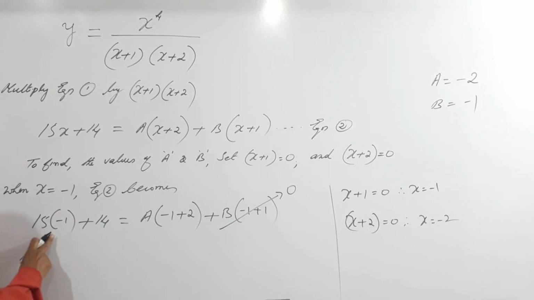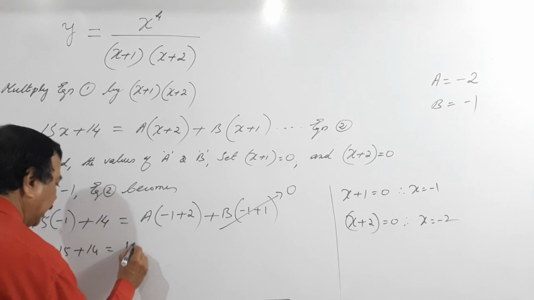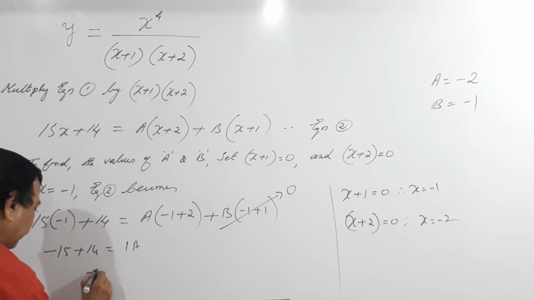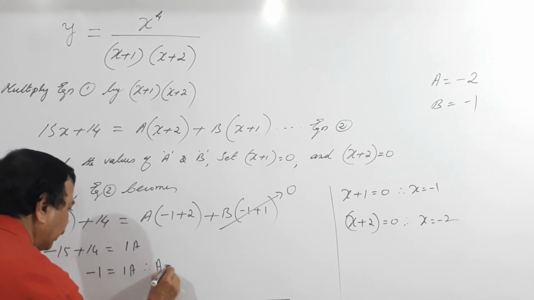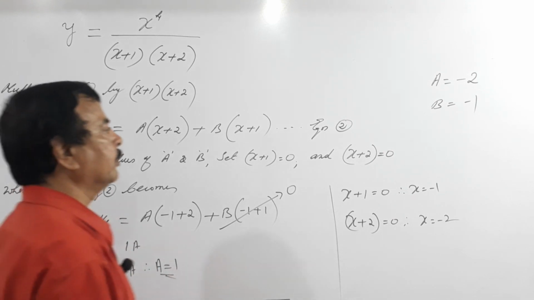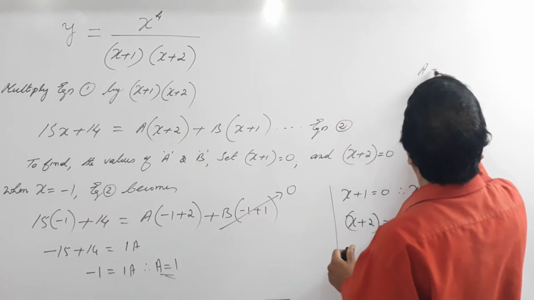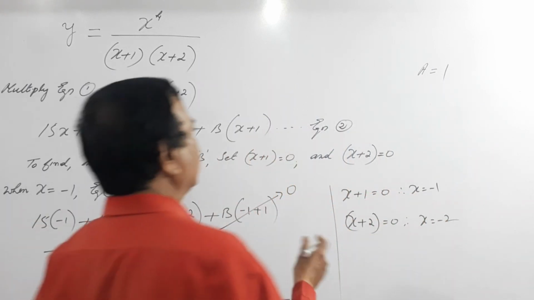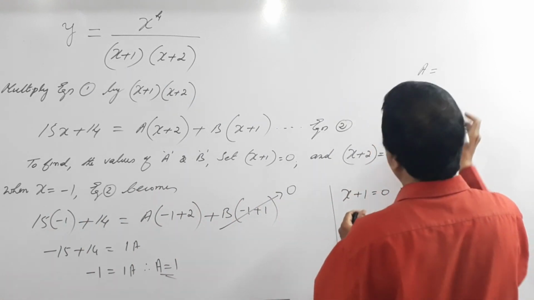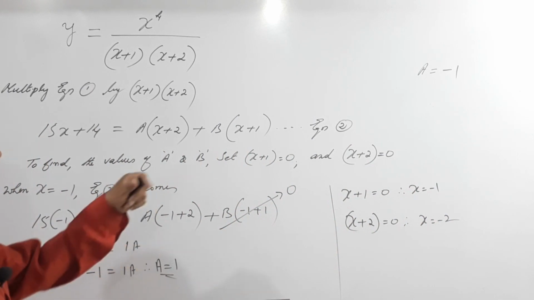Minus 15 plus 14 equals 1a, that is minus 1 equals 1a, therefore a equals minus 1, because minus 1 by 1 is minus 1.